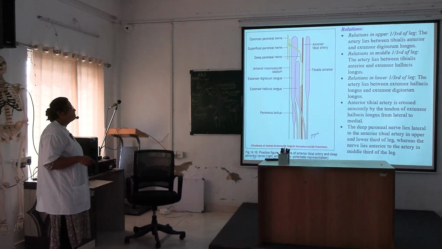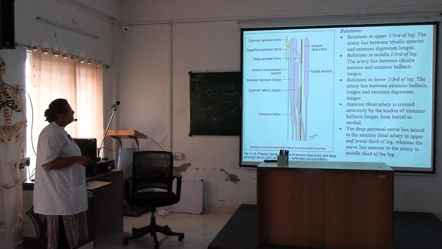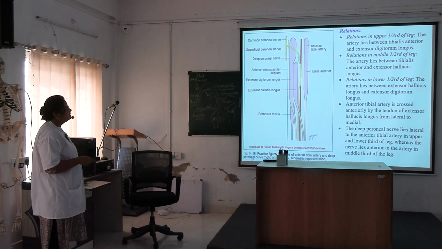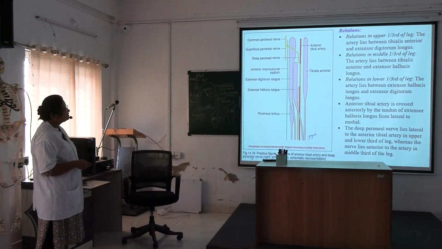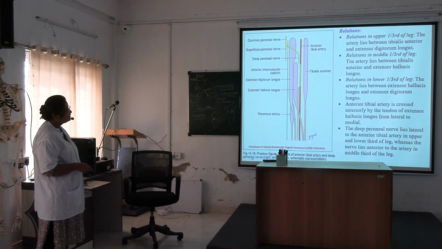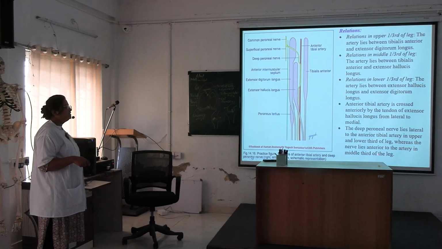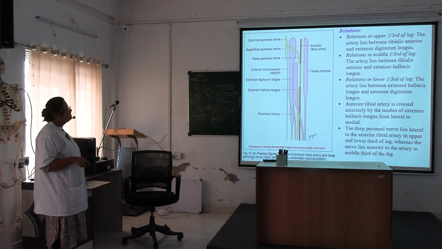Anterior tibial artery is crossed anteriorly by the tendon of extensor hallucis longus from lateral to medial. And the deep peroneal nerve lies lateral to the anterior tibial artery in the upper and lower third of leg, whereas the nerve lies anterior to the artery in the middle third of leg.